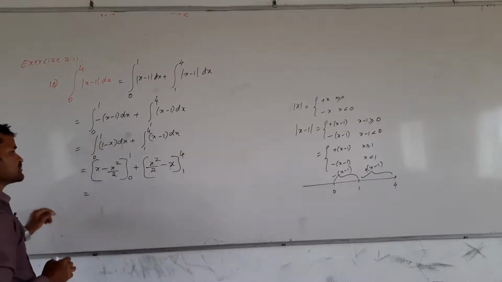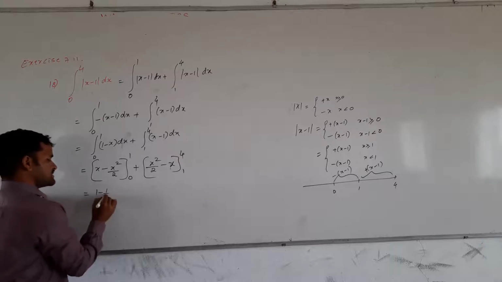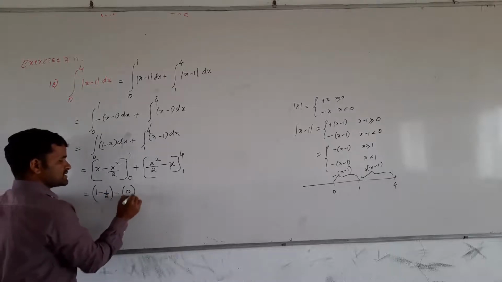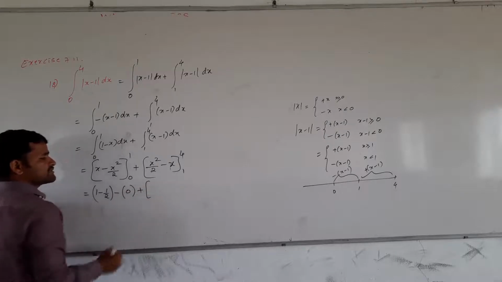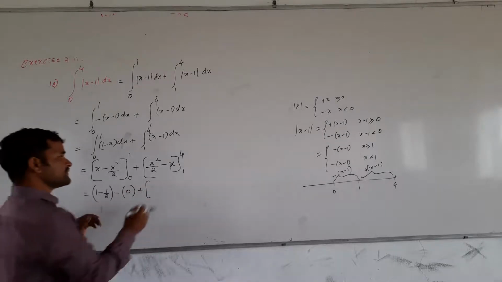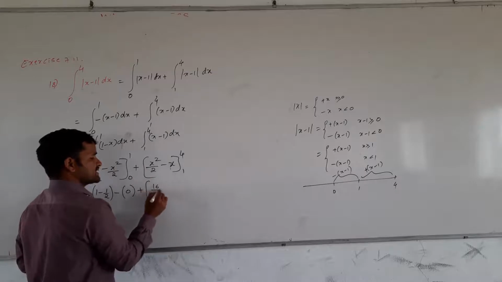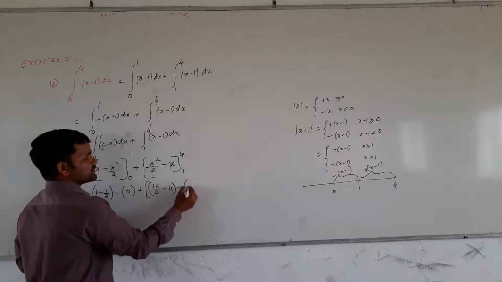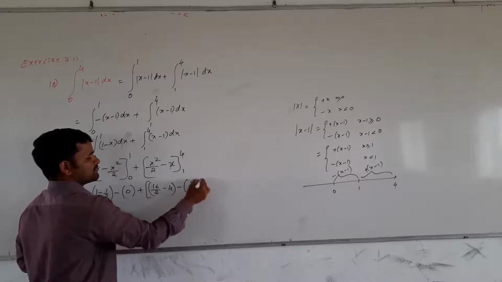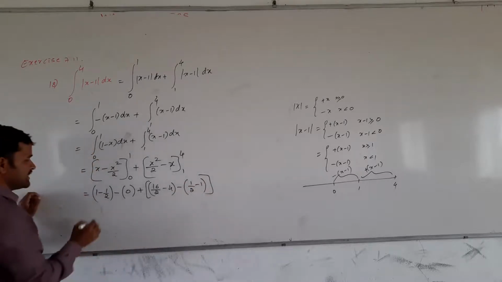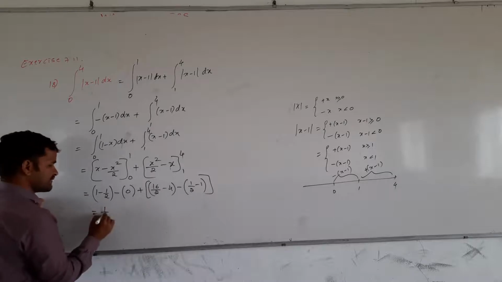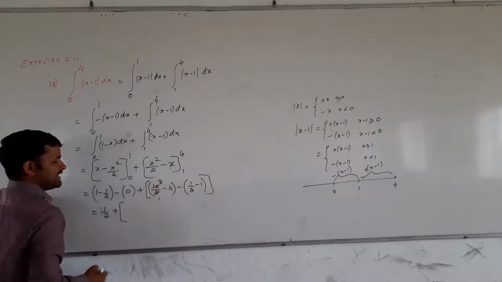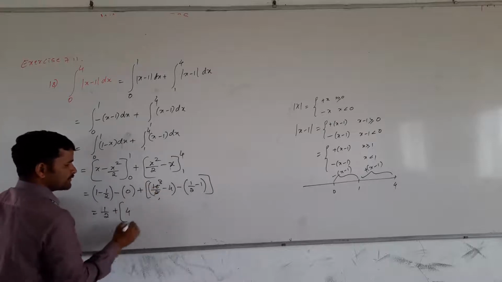Substituting the upper limit, it is 1 minus 1 by 2, minus of 0 minus 0 by 2, which means 0, plus, substituting the upper limit, 4 square, that is 16, 16 by 2 minus 4, minus of, substituting the lower limit, 1 by 2 minus 1.